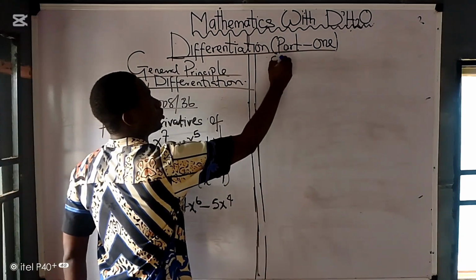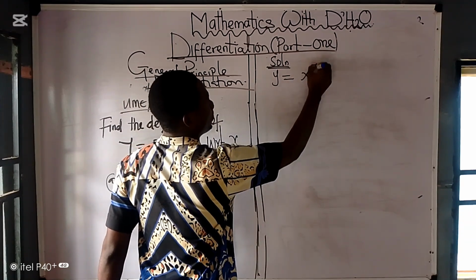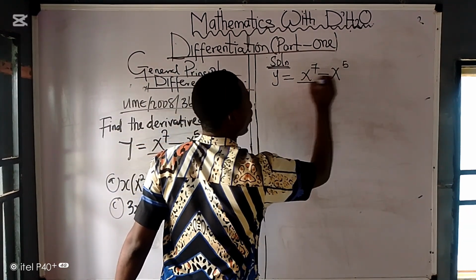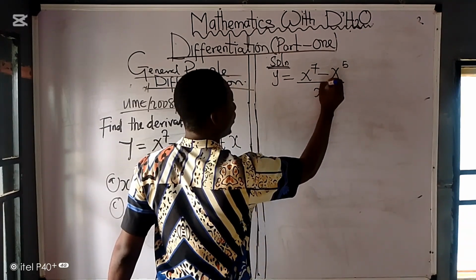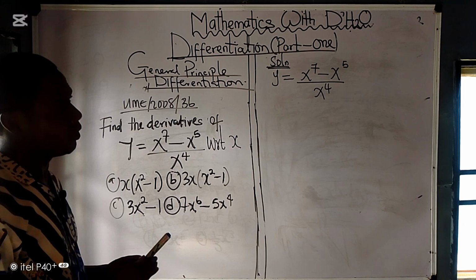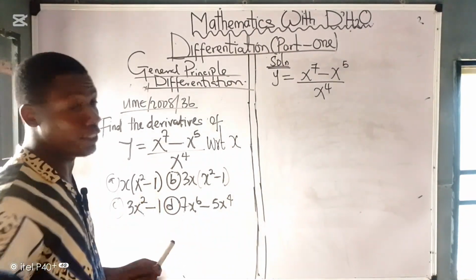Now, solution. y equals x raised to the power of 7 minus x raised to the power of 5, all over x raised to the power of 4. Let's do it quickly. Very easy. Now, I'm going to simplify this before I differentiate it.